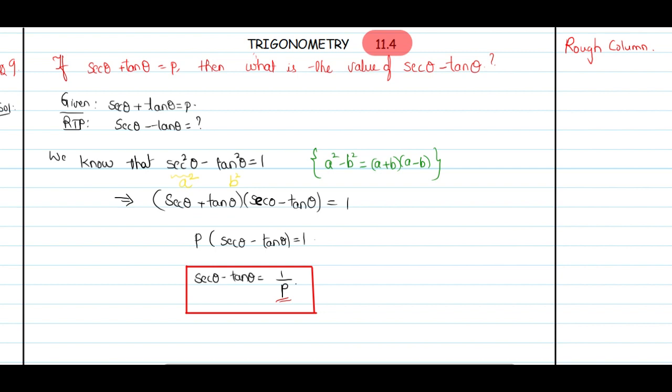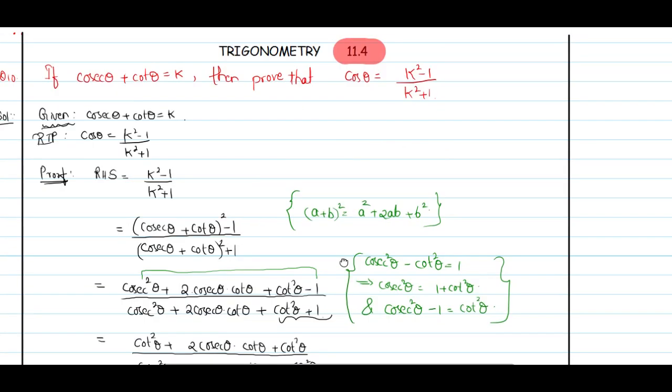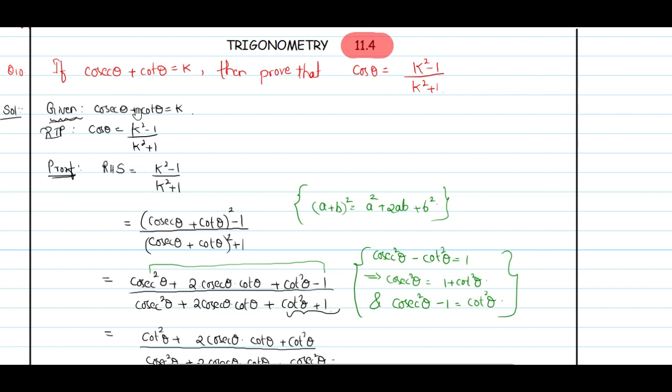Coming to the next question, the next question is question number 10. If cosecant theta plus cot theta value is given as k, listen carefully, then we need to prove that cos theta is equal to k square minus 1 by k square plus 1.